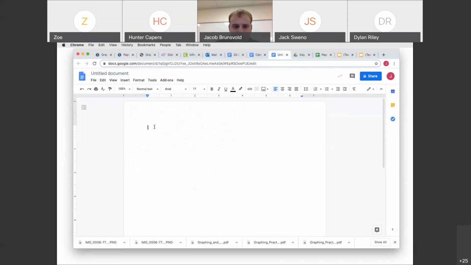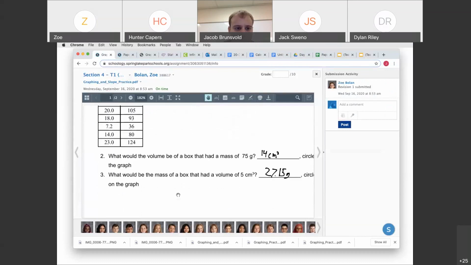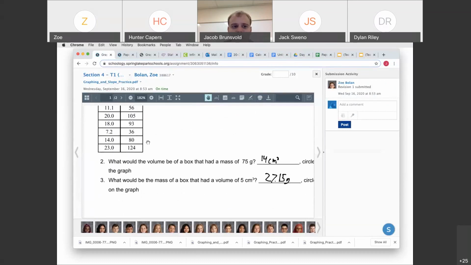Okay, what's going on here? 18 minus blank over 0.3 minus blank. Okay, and then the very last point was 124 and 23.